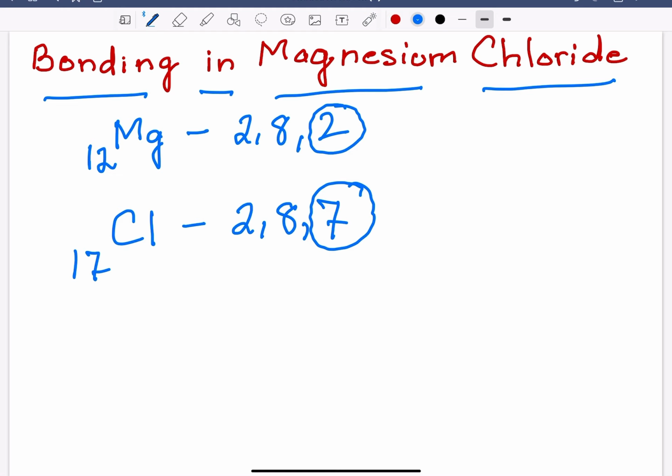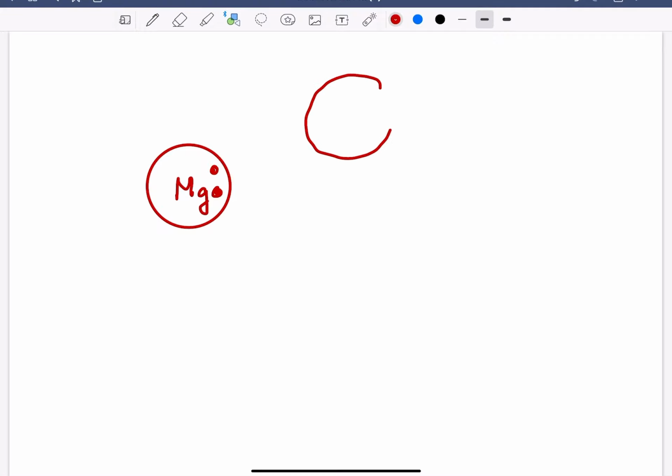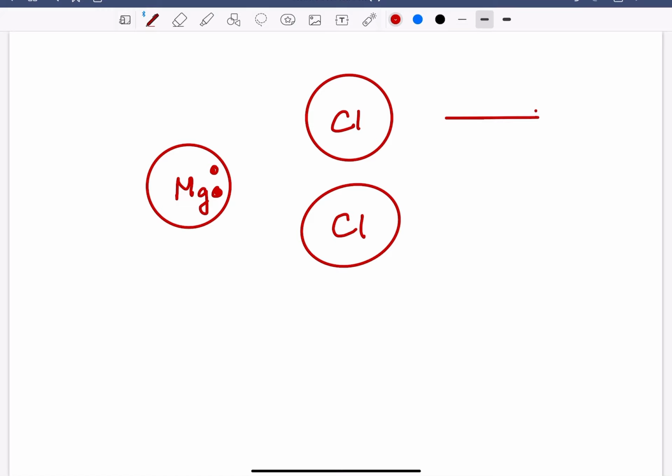So let us draw the bond formation. Magnesium, we can show having 2 electrons with dots, and then draw 2 chlorines, and each chlorine will have 7 electrons.